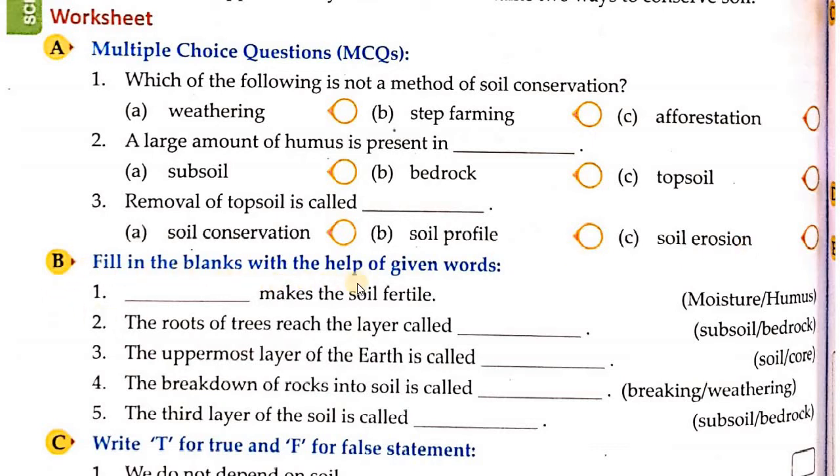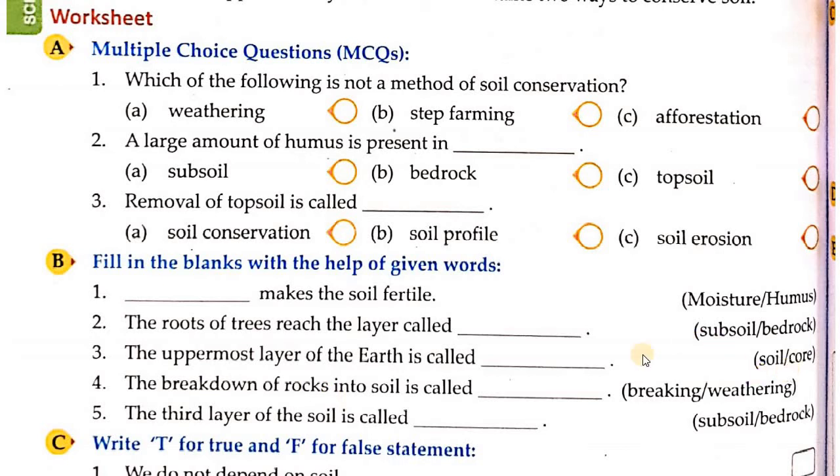Section B. Fill in the blanks with the help of given words. Moisture, humus, makes the soil fertile. Which one is correct? Humus. Yes. Number 2. The roots of trees reach the layer called subsoil or bedrock. Subsoil. Yes. Number 3. The uppermost layer of the earth is called soil or core?